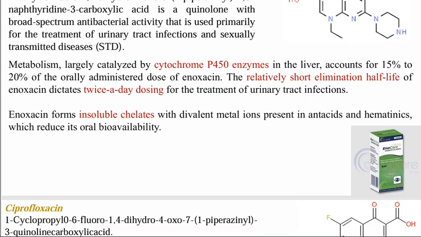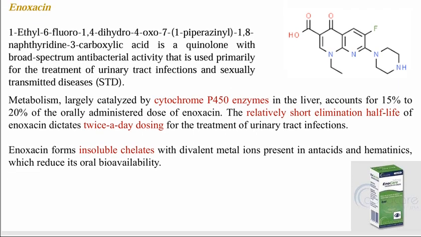Let's see the next drug, that is enoxacin. Enoxacin is metabolized largely by the cytochrome P450 enzyme and has a relatively short elimination half-life.